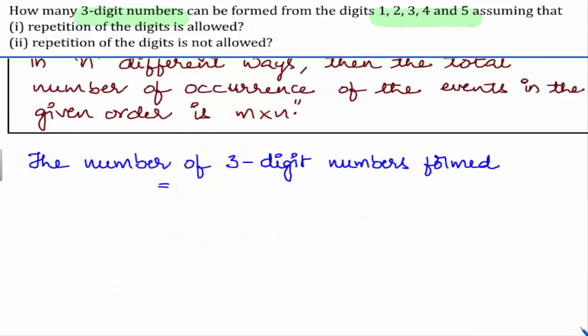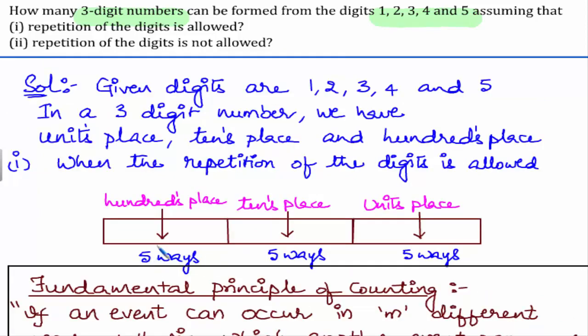Therefore, the number of 3-digit numbers formed is equal to 5 into 5 into 5. As you can see here, hundreds place can be filled in 5 ways, tens place can be filled in 5 ways and units place can be filled in 5 ways.